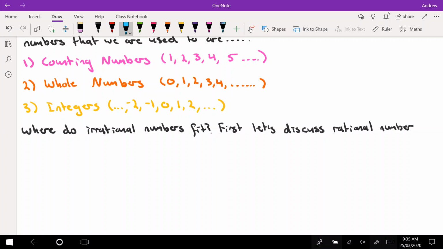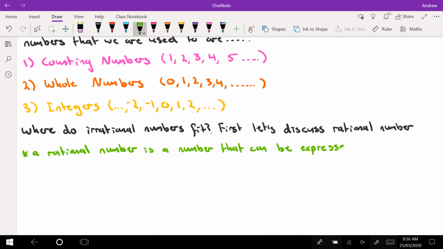In mathematics, rational has a very different definition. A rational number is a number that can be expressed as a fraction.